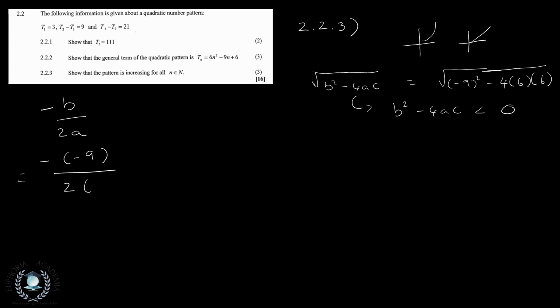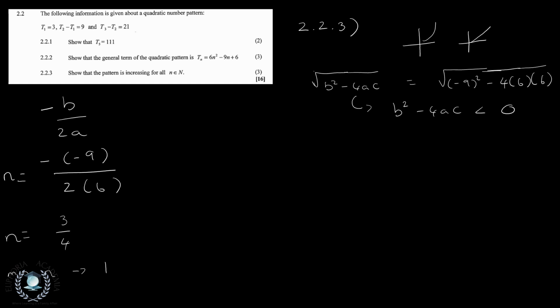Our a is 6, and the answer that we're going to end up with is 3/4. So our n is equal to 3/4, but in the question we're told to show that it's increasing for all natural numbers. So natural numbers do not include 0, and these are our counting numbers, so n cannot be 3/4. So the minimum value of n has to be 1.